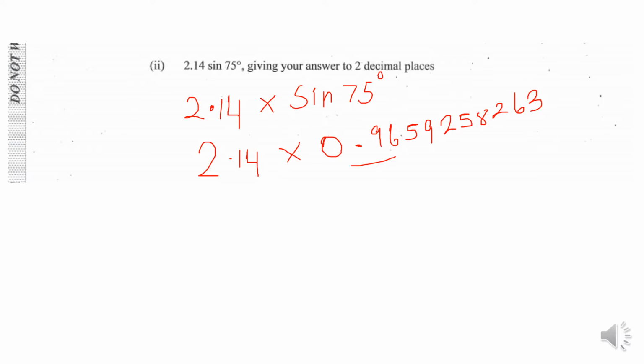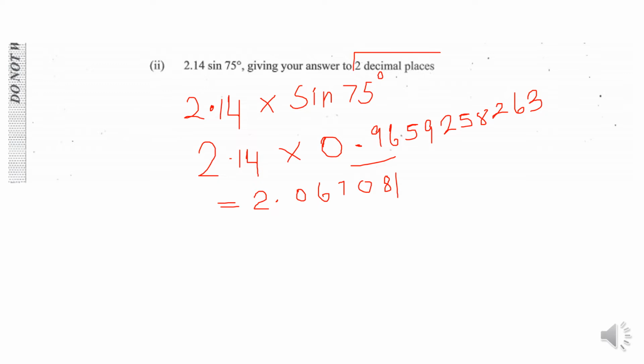When you get sine of 75, multiply the answer by 2.14 and you're going to get exactly 2.067 and so on.